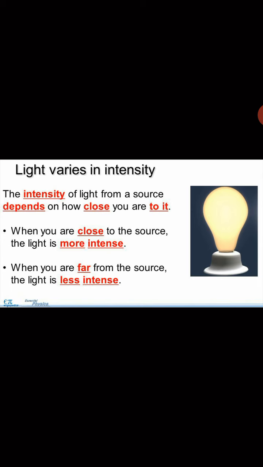But if the bulb is far away and you are observing that bulb, the intensity, the brightness, the sharpness will be less. So the intensity of light from a source depends on how close you are to it. The closer you are, the more intense the light is.